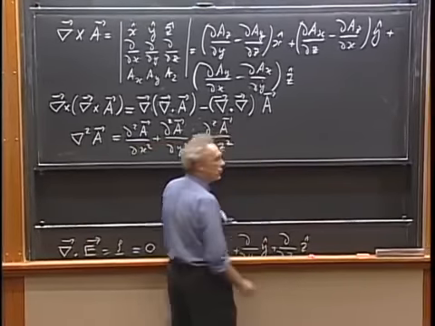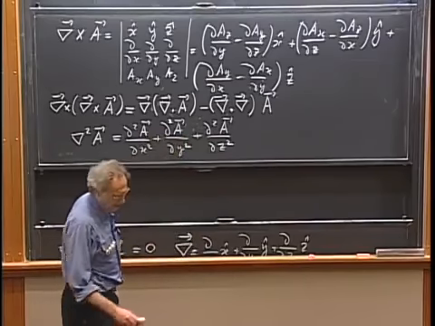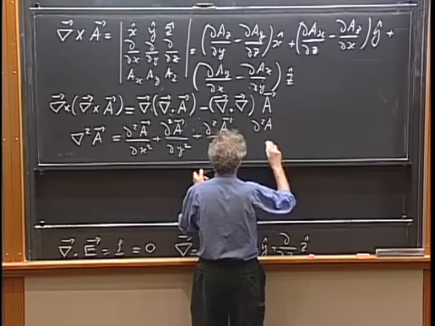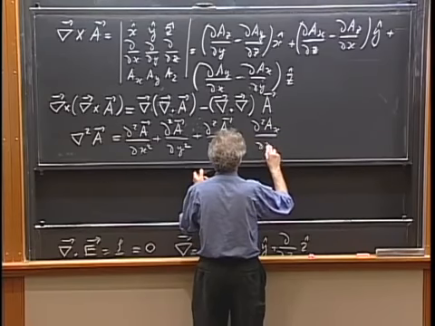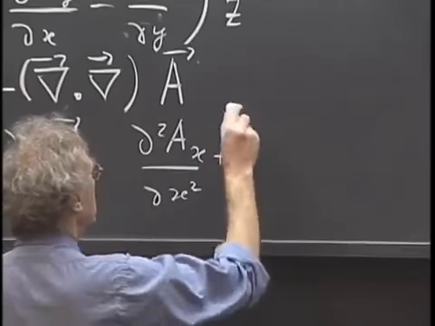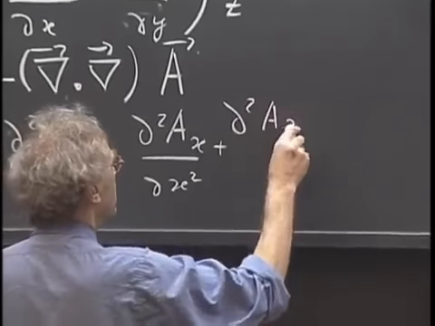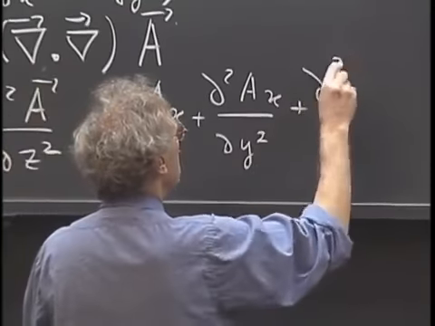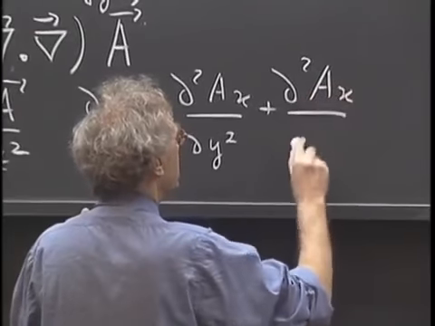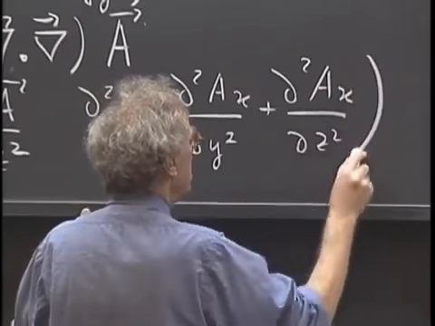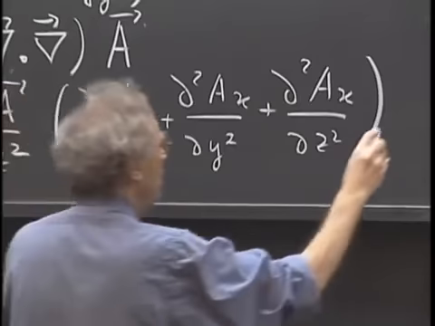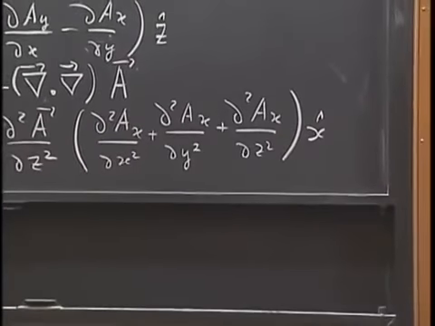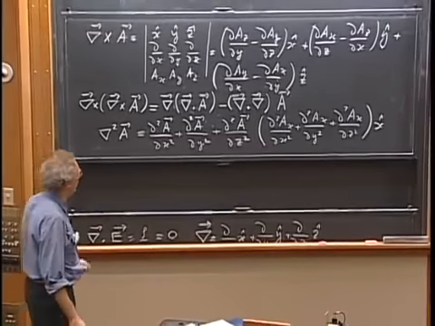So I will only do the component in the x direction, which then becomes d2Ax dx squared, plus d2Ax dy squared, plus d2Ax dz squared, and that is then the component in the x direction. And there's also one in the y direction, and there's one in the z direction.